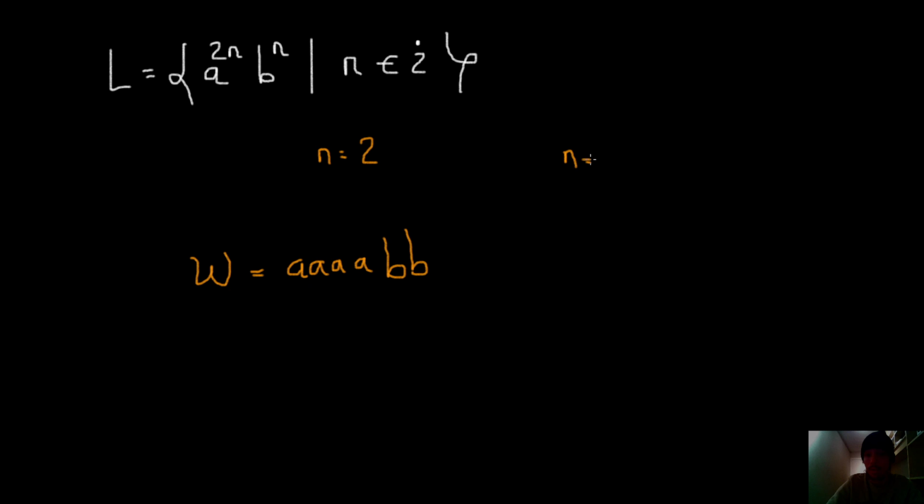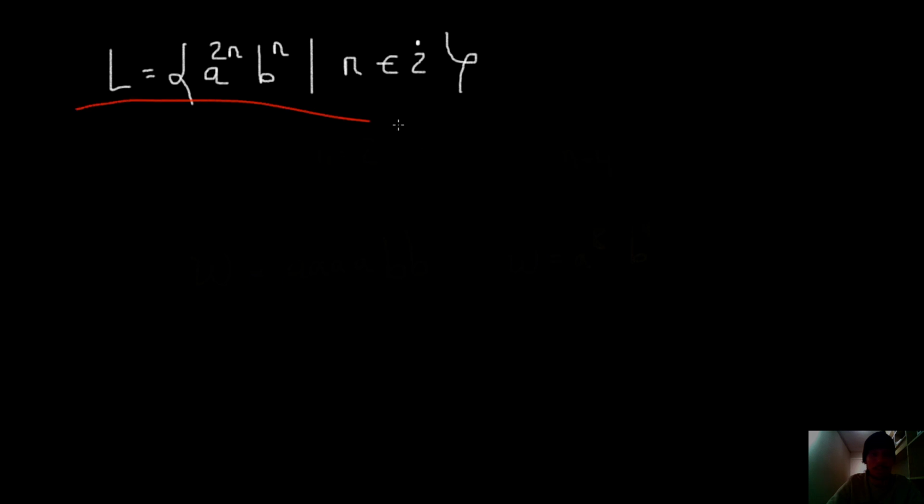If the value of n is 4, then we will have here 8 times the symbol a, right, which is 2 times 4, and then we have 4 times the symbol b, right? So these are some words, for instance, that belong to this language L. So we need to prove that this language is a non-regular language, right? We are going to use the pumping lemma to do so.